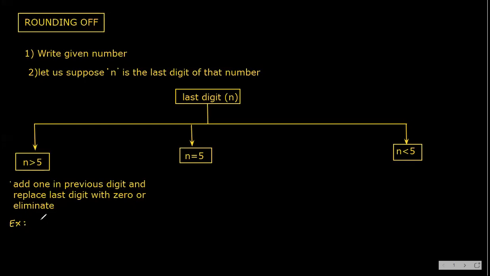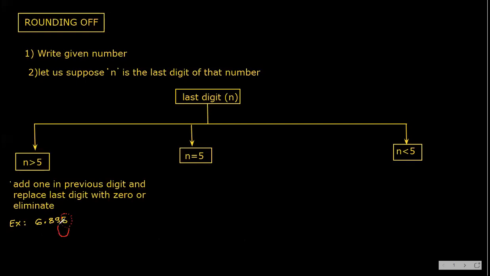Suppose the given number is something like this, 6.896. What is the given number? 6.896. Now I have to round off. You can see here, the last digit of the number is greater than 5. So what we have to do?